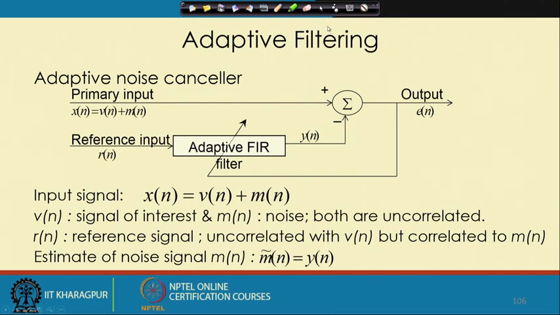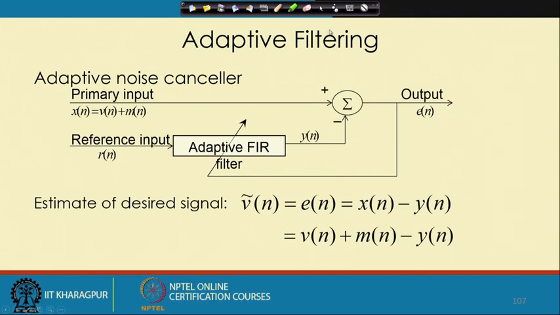So, here we look at the scenario that we have this error e n. This error is the difference between x n, that is the observed signal, minus the estimate of that noise, which has been synthesized by the adaptive FIR filter with the help of the reference input.